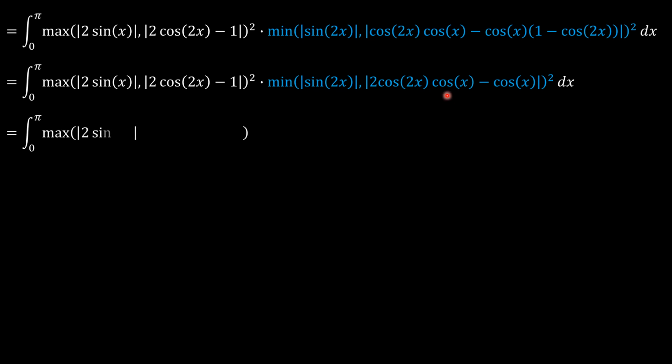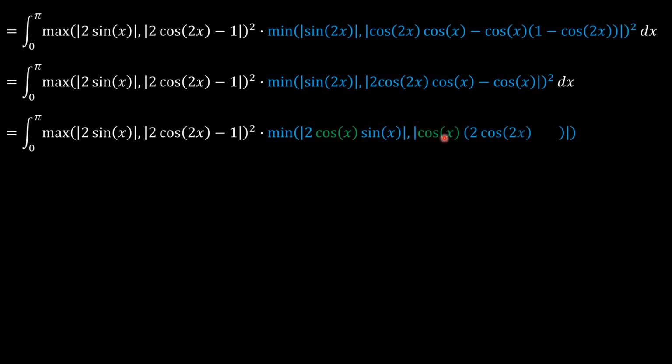And we can now go ahead and pull out the cosine x bit. Also, we should express sine 2x as 2 sine x cosine x. That's what we've done here. And what we see here, we have cosine x that is a factor here, and cosine x that's a factor here.